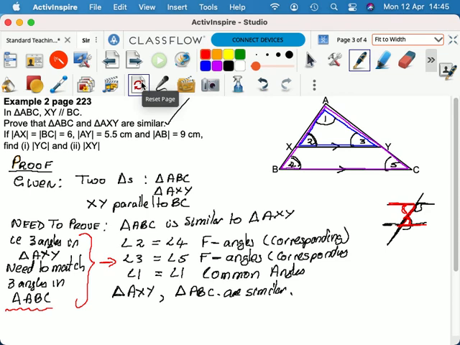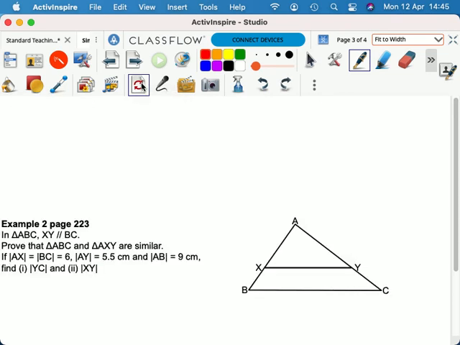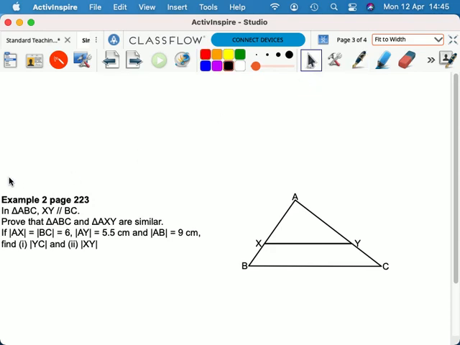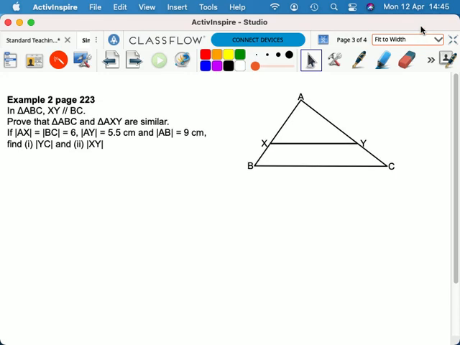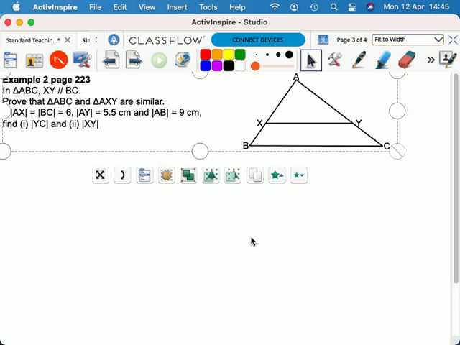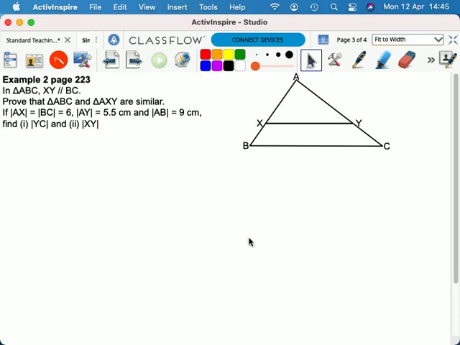So what we're going to do now is we're going to reset the page, so give it all the way back to the way it was. And we know they are similar triangles because they told us. We don't have to go through the proof. But what I'm going to do now is use what we did earlier on. I'm just going to put a red dot up in here.